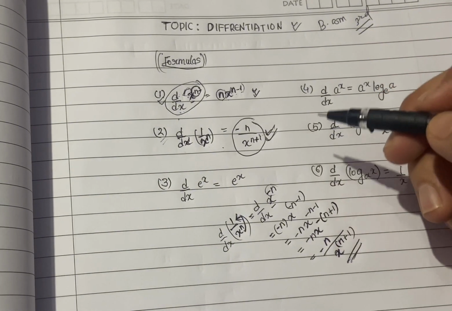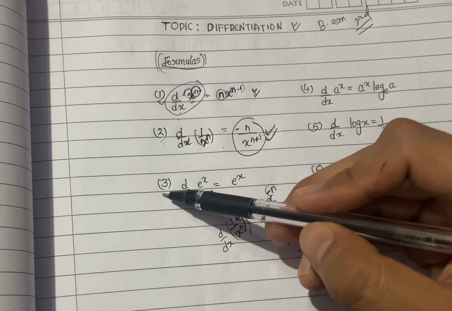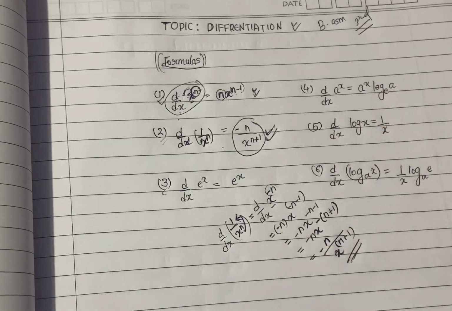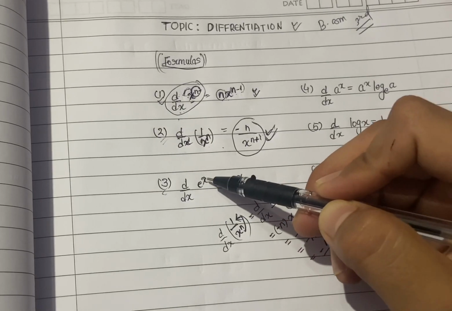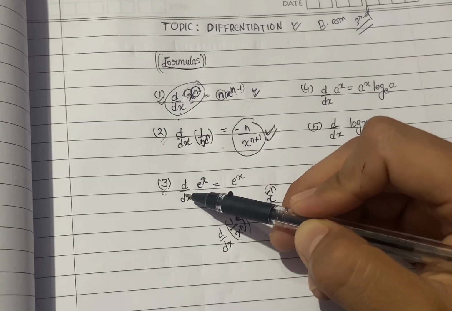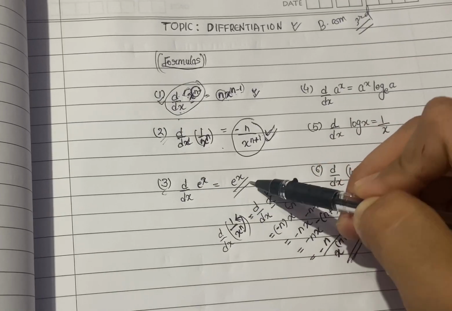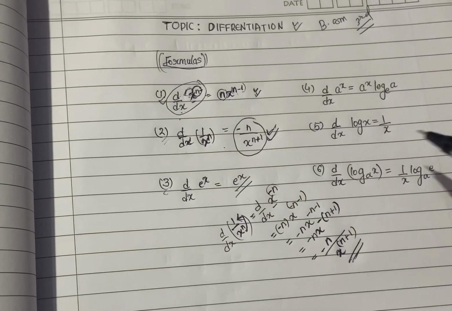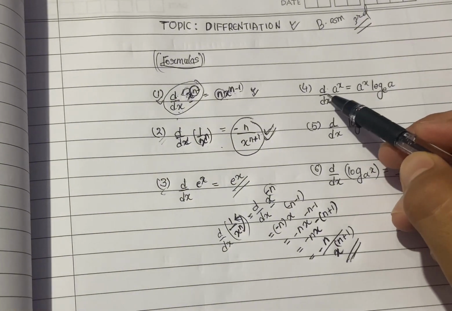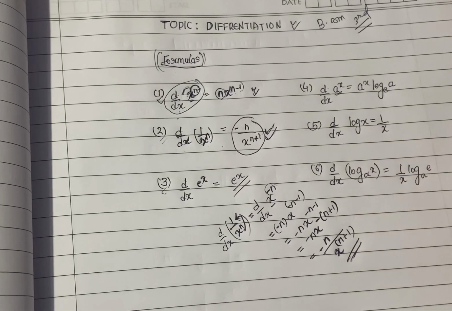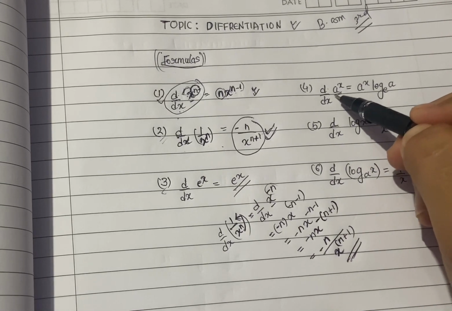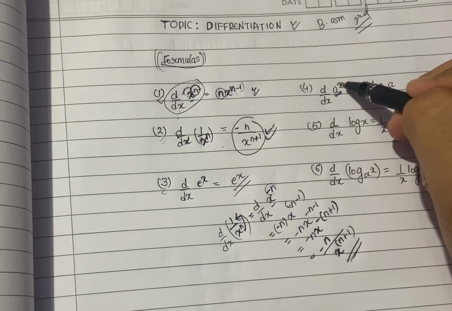It's very simple. Now the third formula, one of the easiest, d by dx of e to the power x. The differentiation of e to the power x is e to the power x itself. Now number 4, d by dx of a to the power x. Here a is a constant and x is a variable.